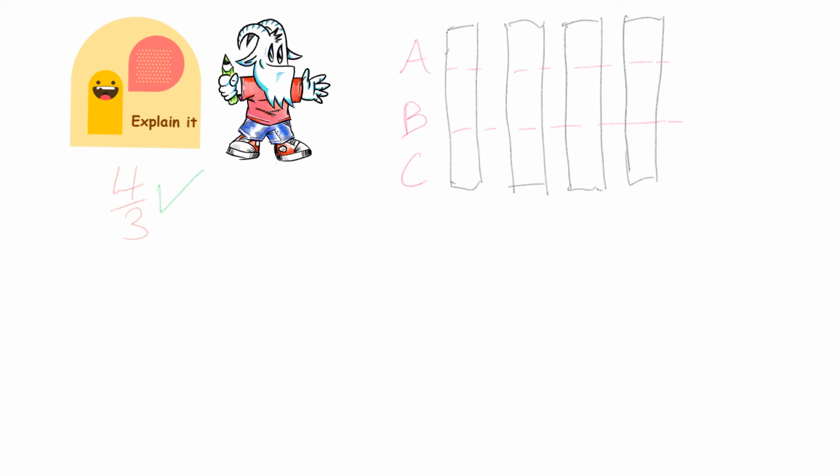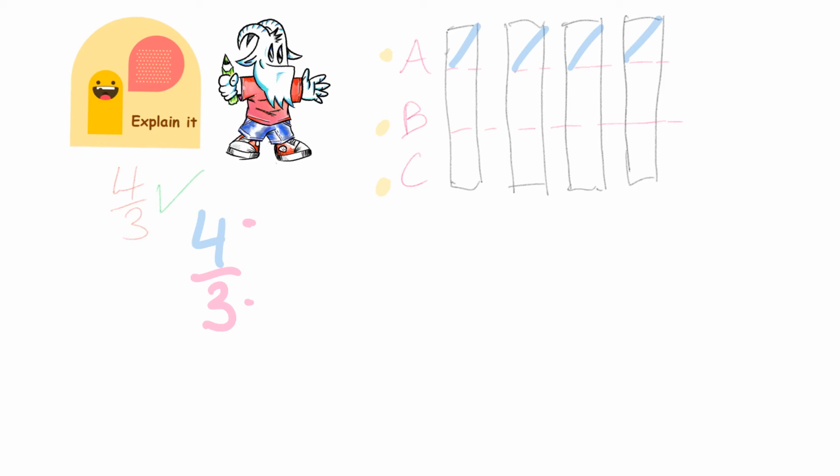How many parts did Adam get? Let's count. Adam got 1, 2, 3, 4 out of 1, 2, 3, because there was 4 parts divided between 3 children. Each child got 4 thirds.